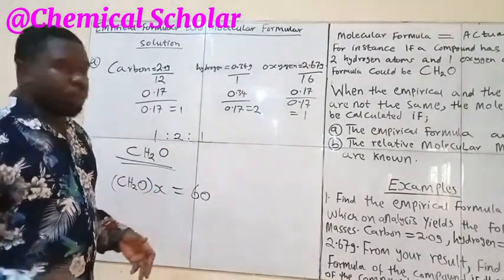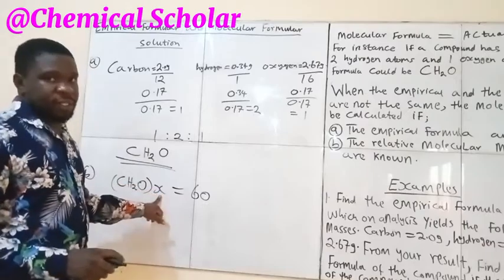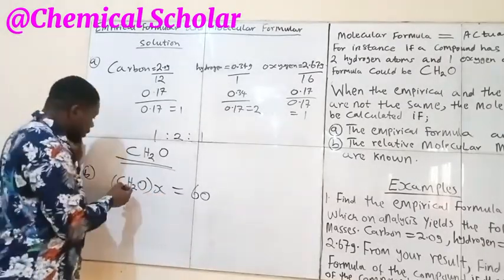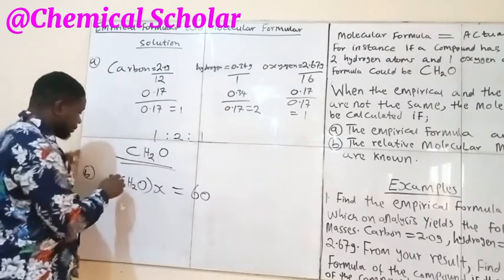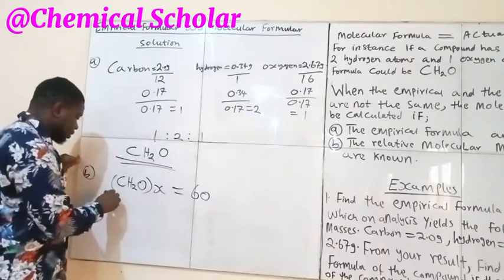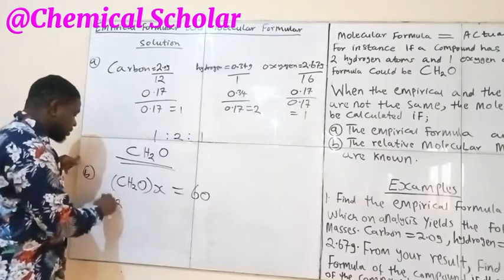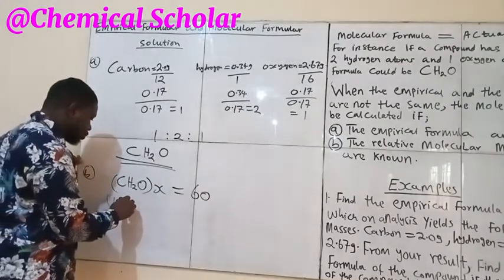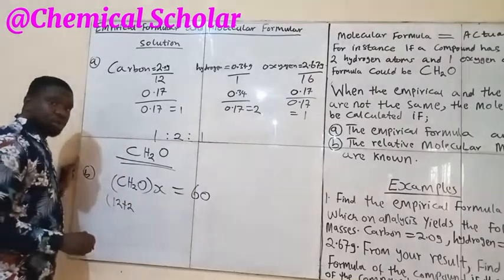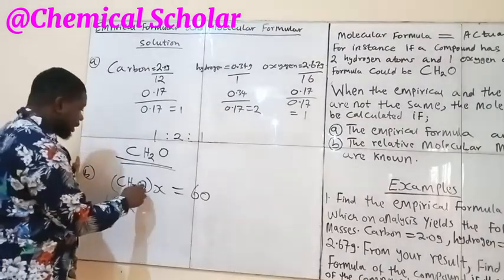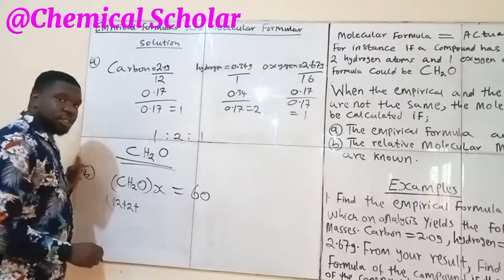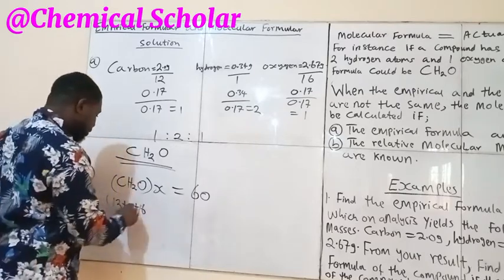Alright, so we are going to find X. We already know that the atomic mass of carbon is 12, and the atomic mass of hydrogen is 1, so 1 times 2 will give us 2. Then the atomic mass of oxygen is 16.